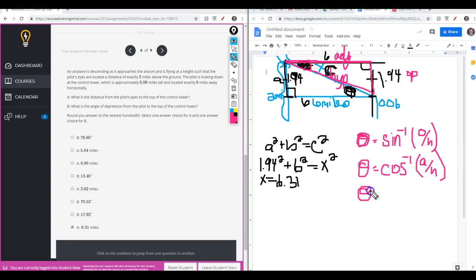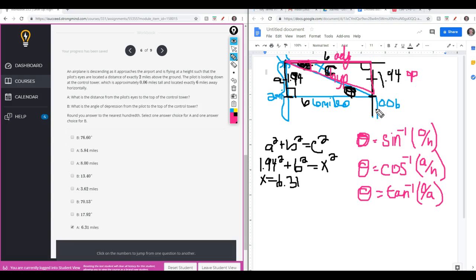Or the angle could be tangent inverse of opposite divided by adjacent. So just remember, when you're finding an angle, you're using inverse trig functions.